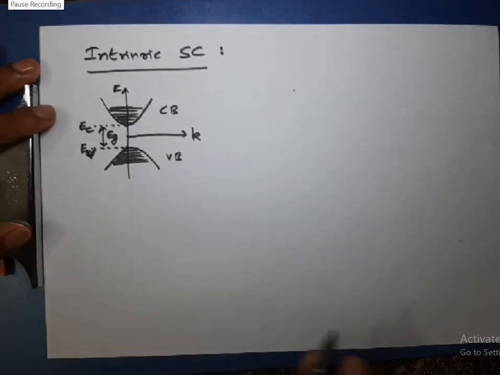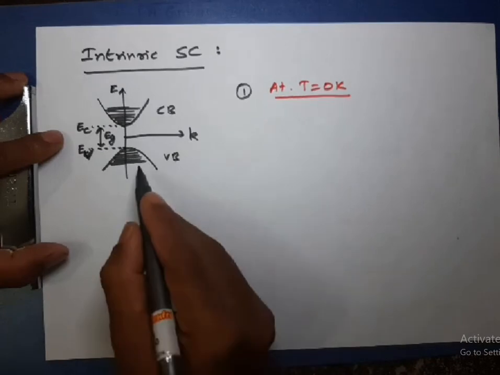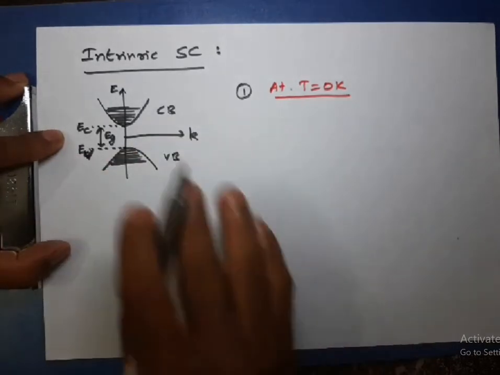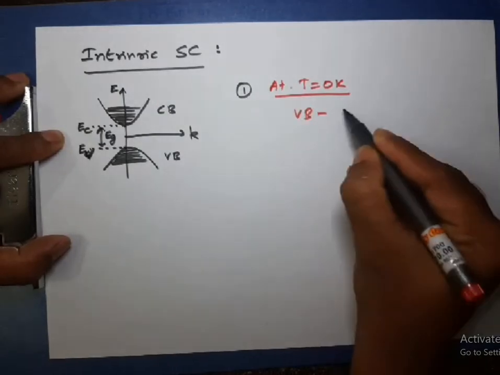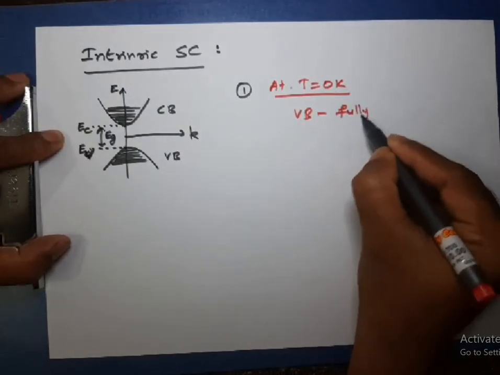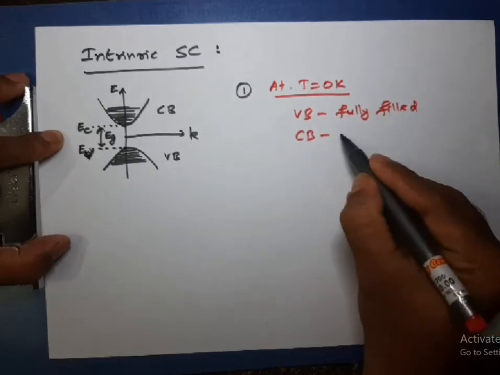Now, at a temperature of 0 Kelvin, very important, at T equal to 0 Kelvin, the valence band is fully filled and the conduction band is completely empty.